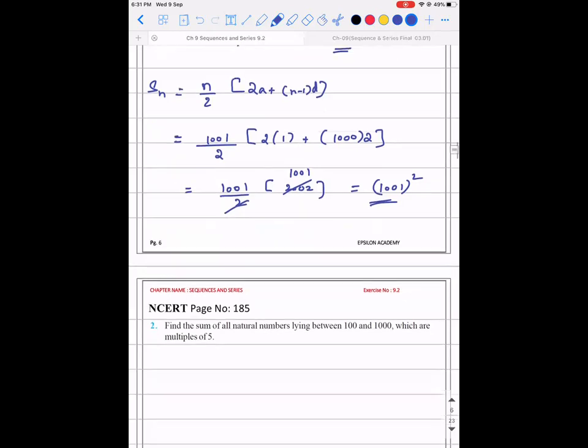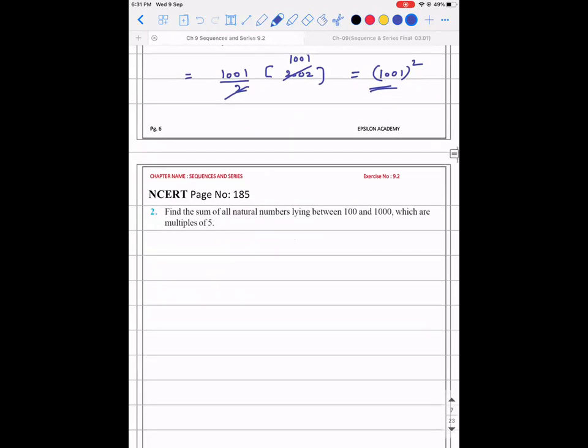Is that clear? Shall I move on to the next one? Okay. Find the sum of all natural numbers lying between 100 and 1000. See here, you need to be careful. 100 and 1000 should not be included.